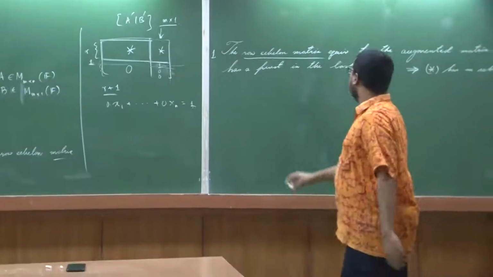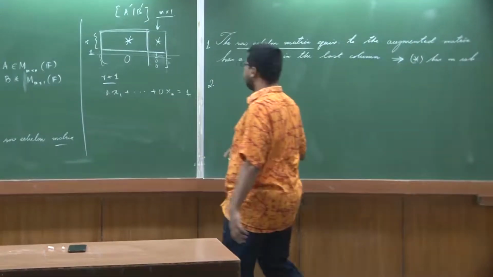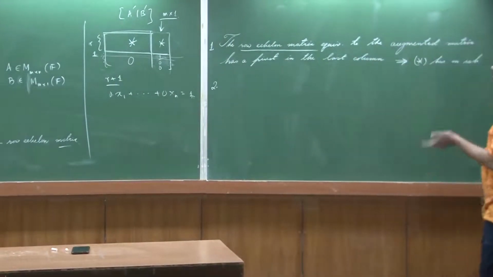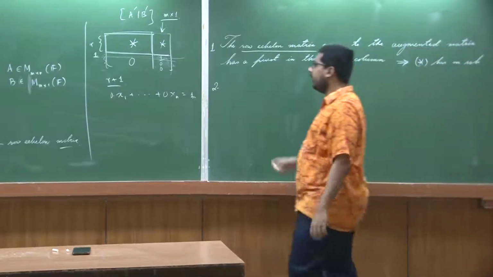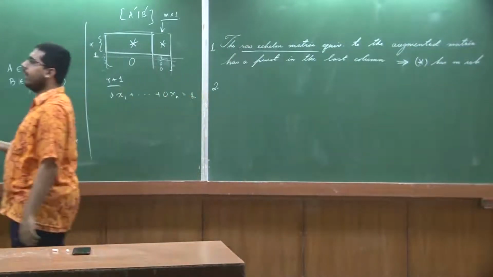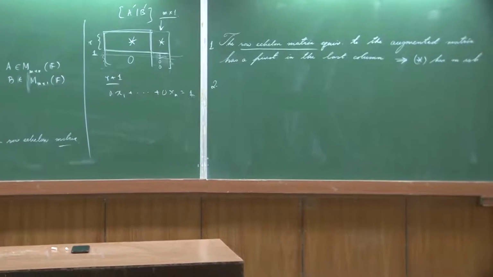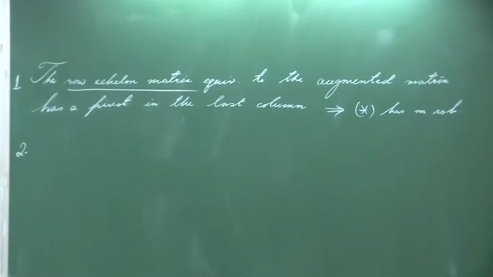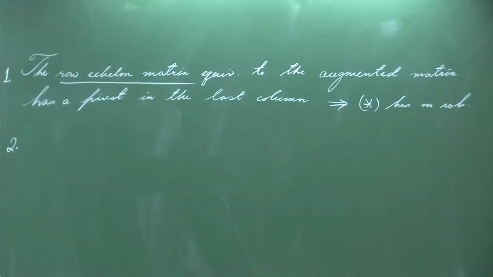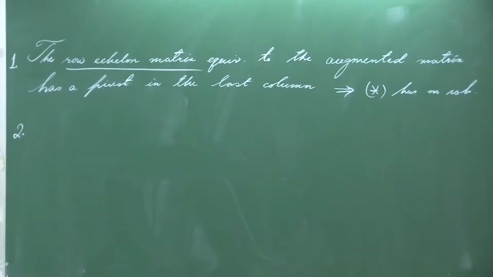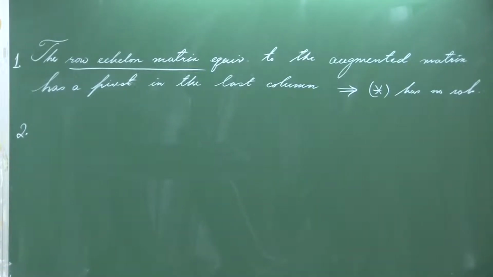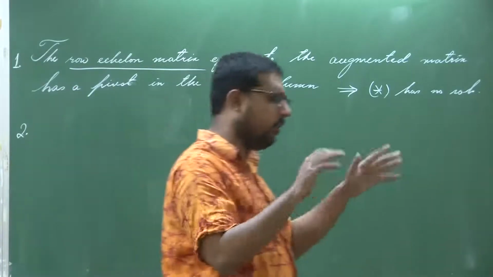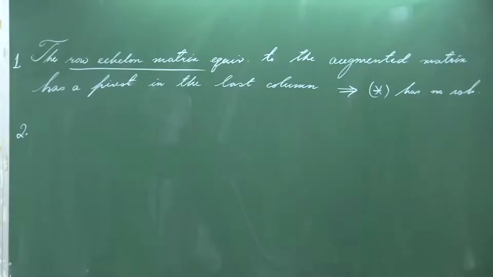Okay. What about its converse? That is, suppose the last column does not have a pivot, then can we say that it has solutions? Try to understand, we are talking about the converse. Earlier we saw that if the last column has a pivot, then it cannot have any solution. So, that means if a solution exists, the last column cannot have a pivot.